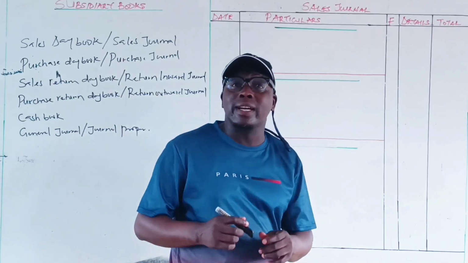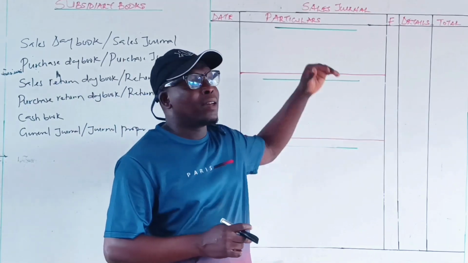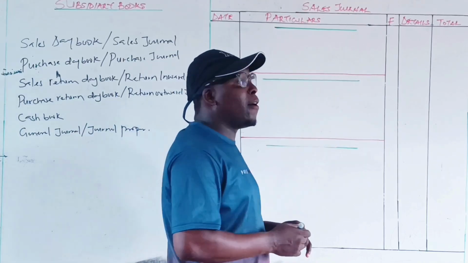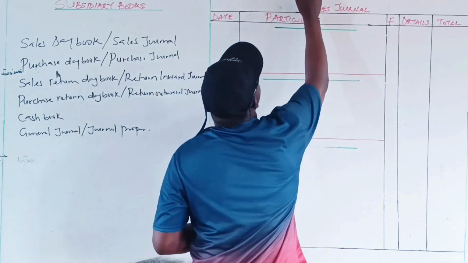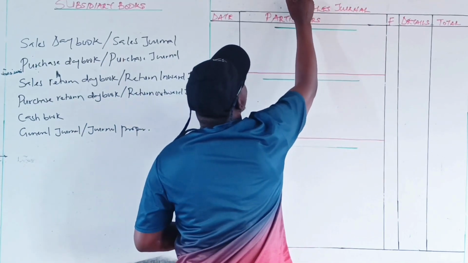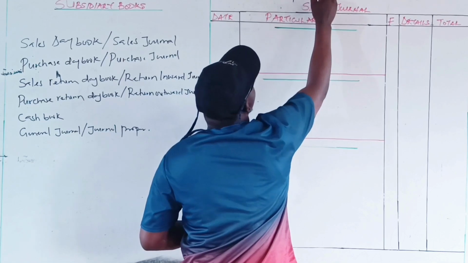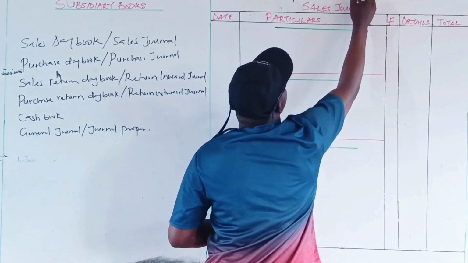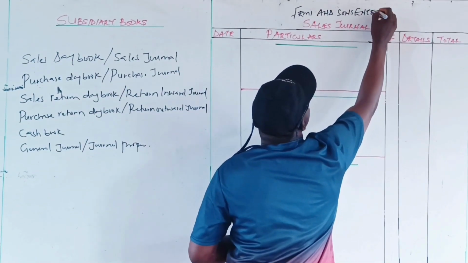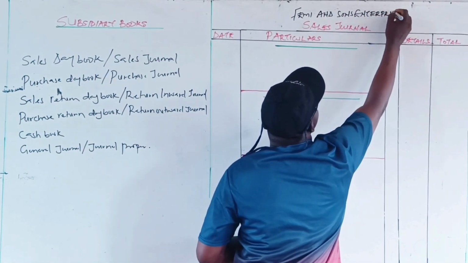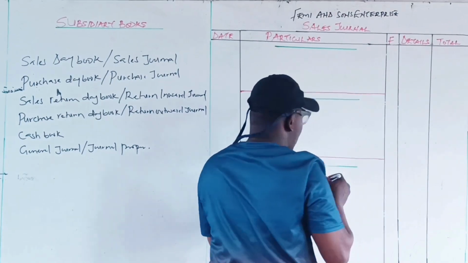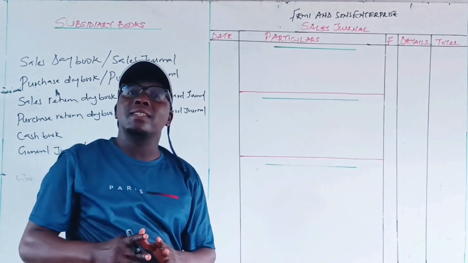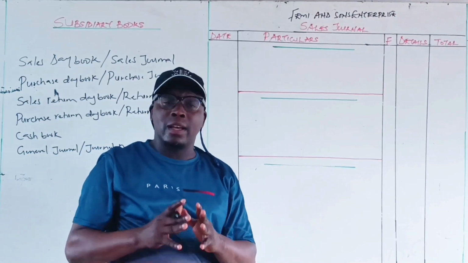So every student is expected to put the information of the business you are reporting for at the beginning of your accounts. So we are reporting for Fanny and Sons Enterprise. Having done this, we have complied with the business entity concept.